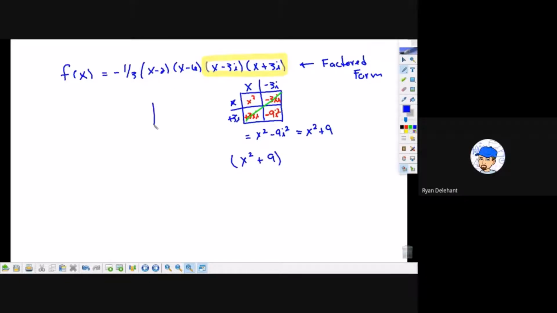Now we need to draw the box and multiply this one just like we normally would. So x minus 2 and x minus 6, that's x squared minus 2x minus 6x plus 12. So this one is x squared minus 8x plus 12.